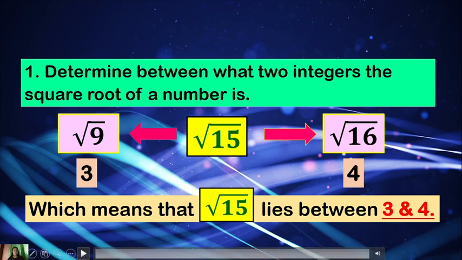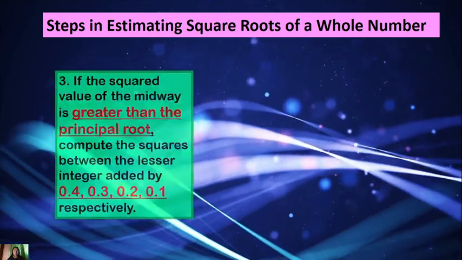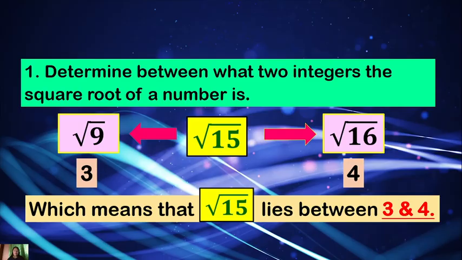So wag kalilimutan yan because in the next step, you're going to find out for the midway of 3 and 4, and that is how many? 3.5. Okay, you square 3.5. That is 12.25, right? 12.25.